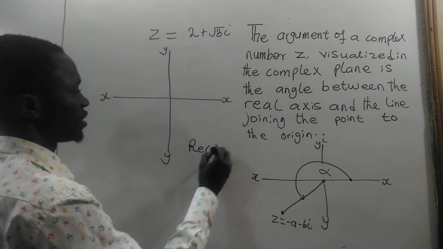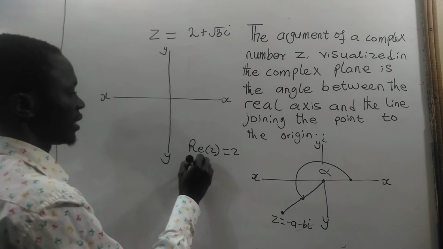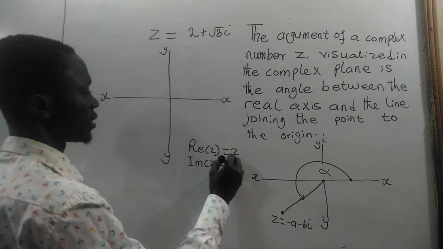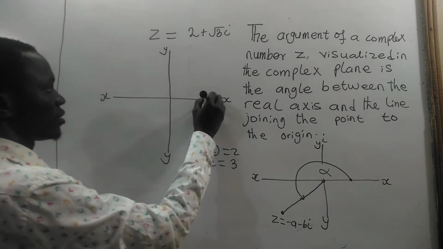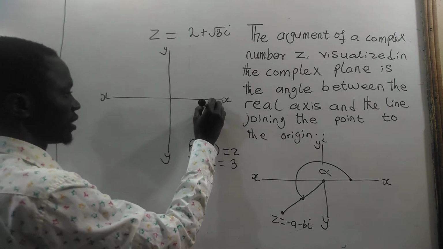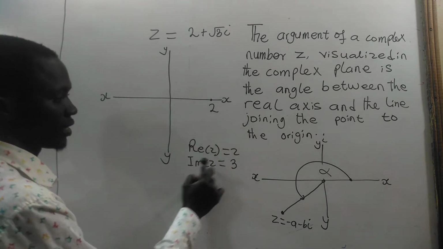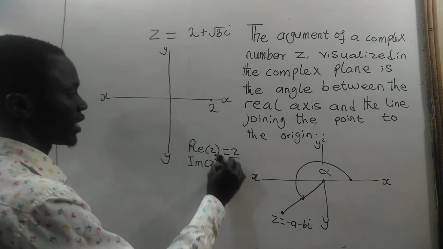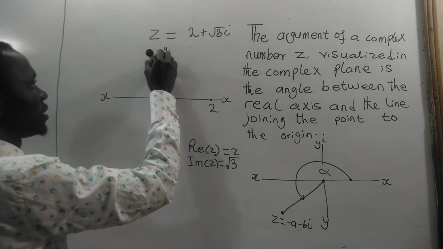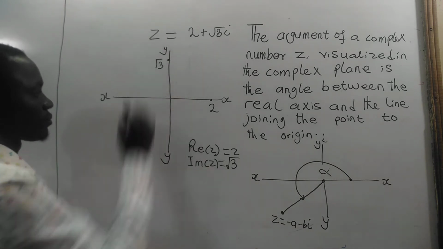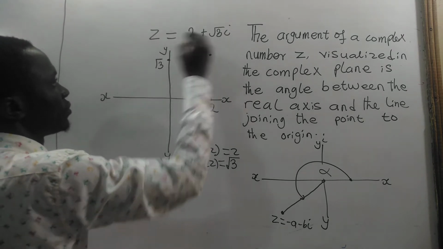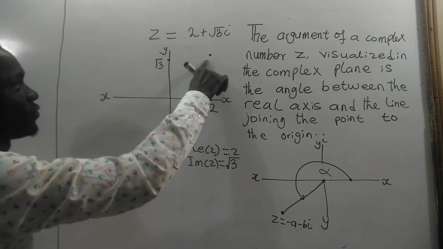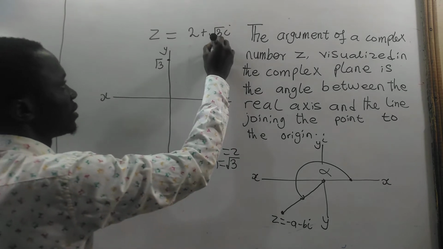The real part of z is 2 and the imaginary part of z is root 3, so we indicate root 3 here.